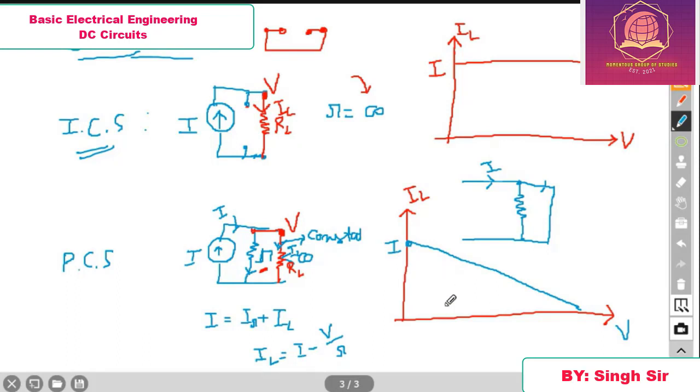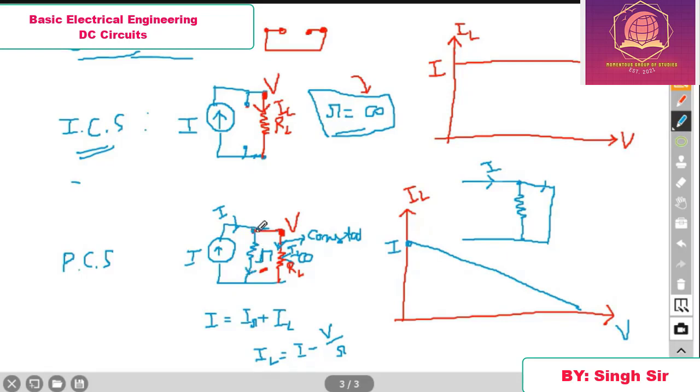The only thing you need to remember is that for an ideal current source the internal resistance is infinite, and for a practical current source the internal resistance will have some value, and it always comes in parallel.